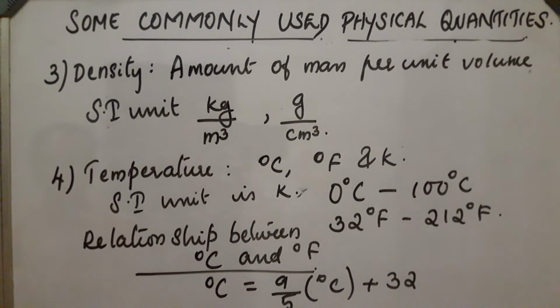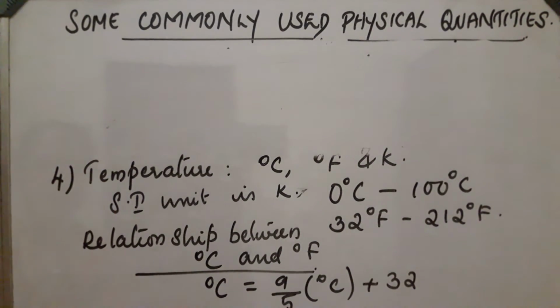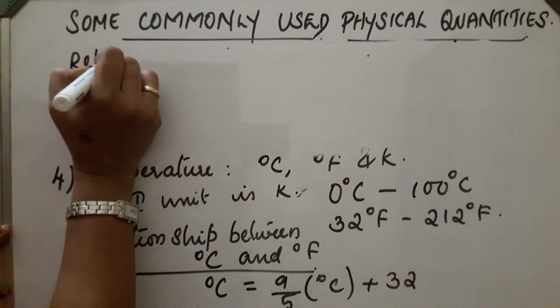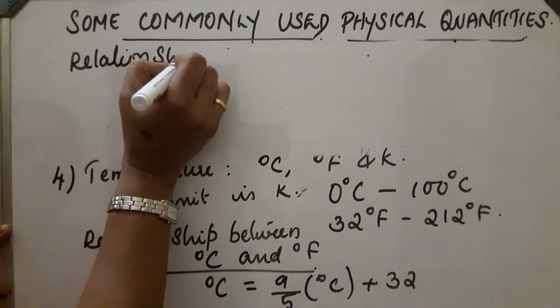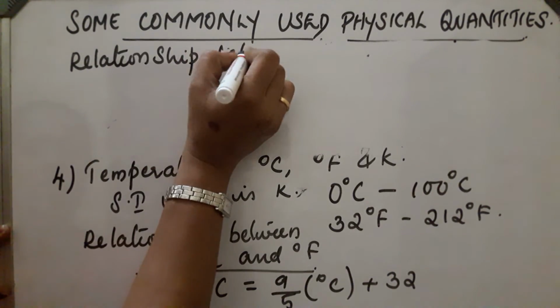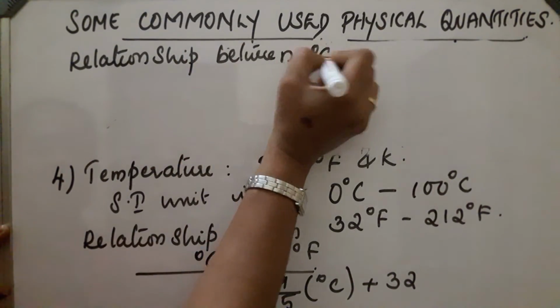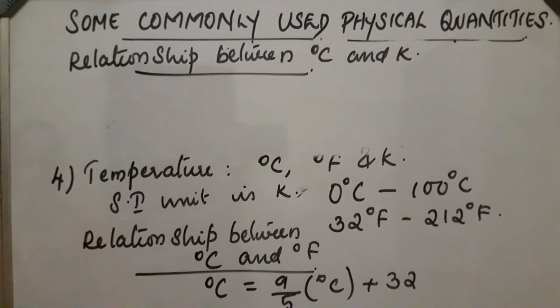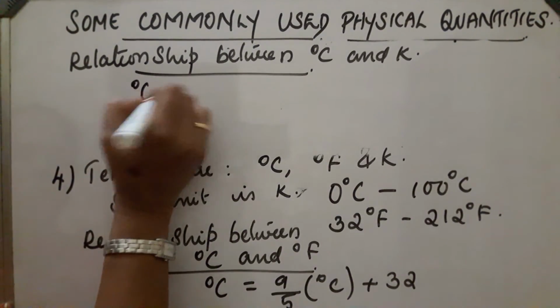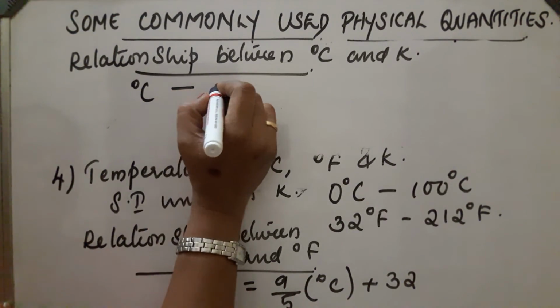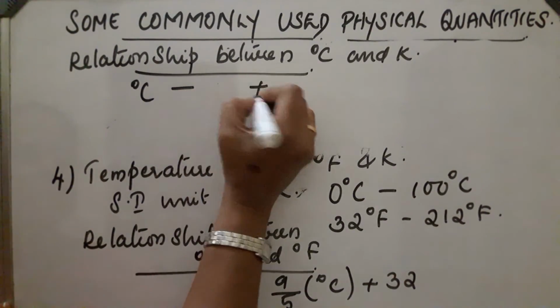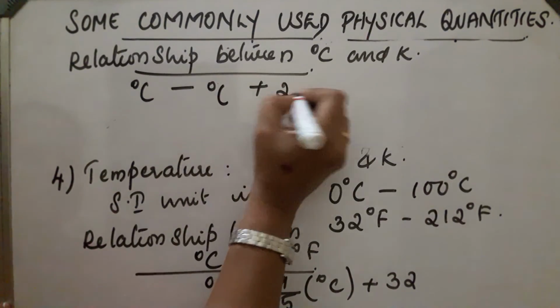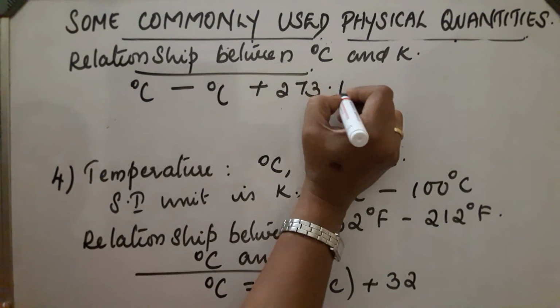Now, what will be the relationship between degree Celsius and Kelvin? If the temperature is in degree Celsius, in order to convert degree Celsius to Kelvin, we have to add the value of degree Celsius plus 273.15.